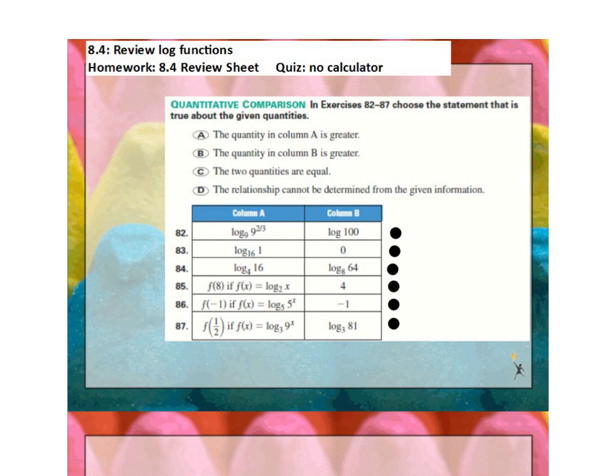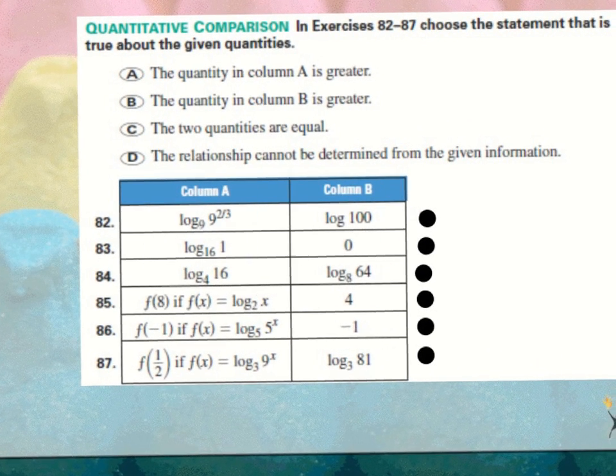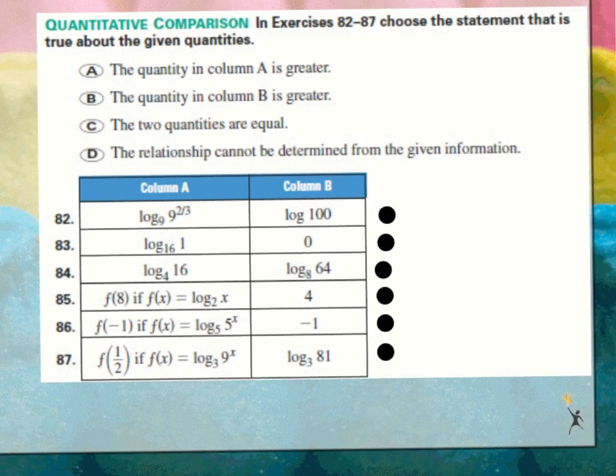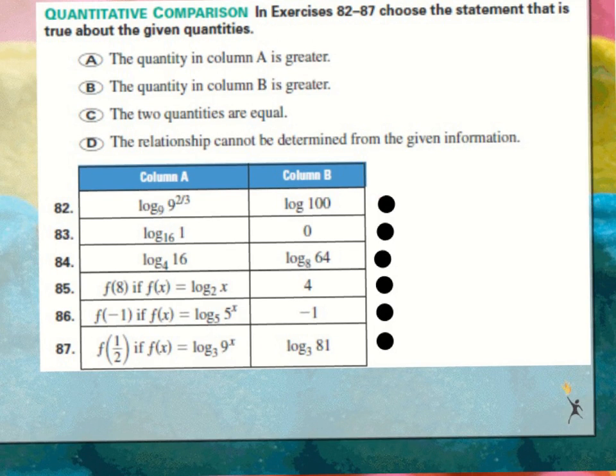Okay, so this is multiple questions. All right, so for 82, column A versus column B. So 9 to what power is 9 to the 2/3? That's 2/3. So log of 100, I can rewrite that.